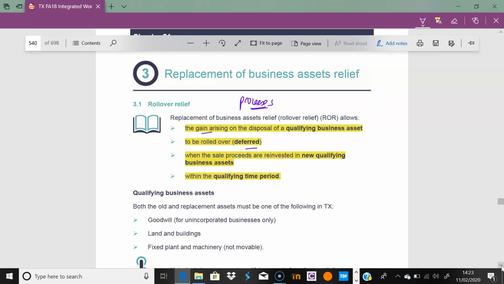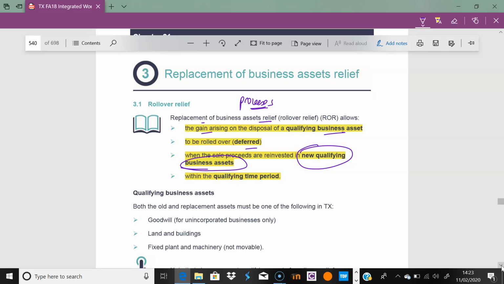So the gain arising, this replacement of business asset relief allows the gain arising on the disposal of a qualifying business asset, where this is reinvested in a new qualifying business asset.